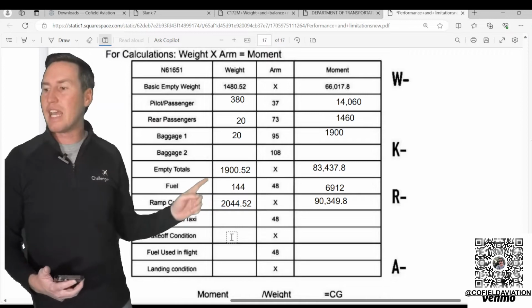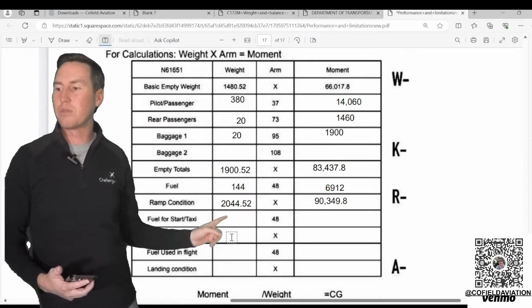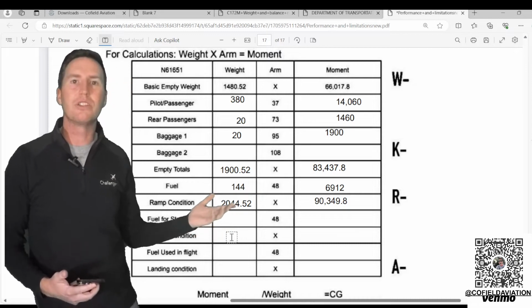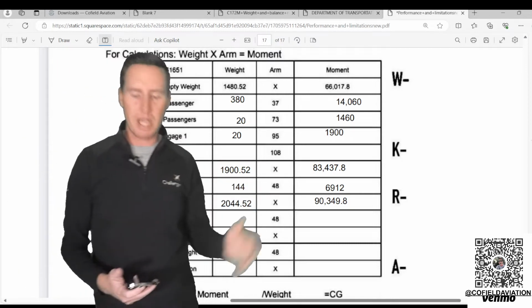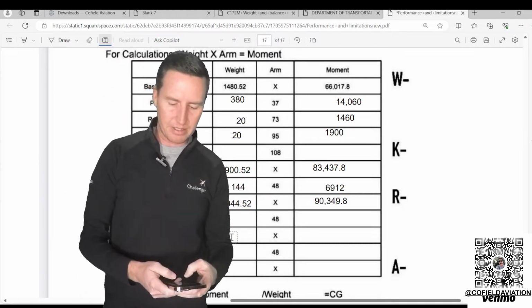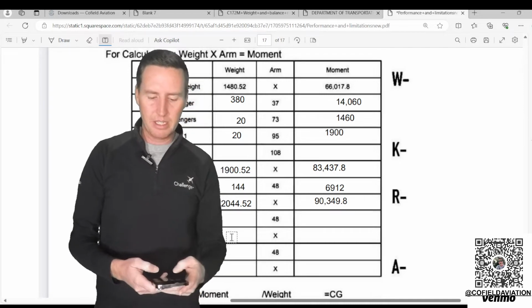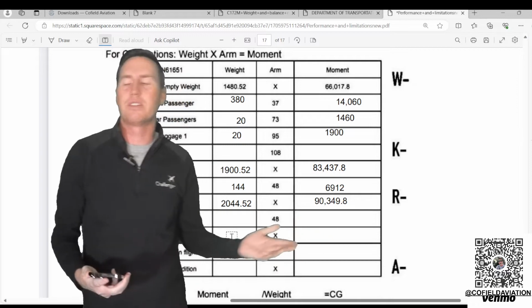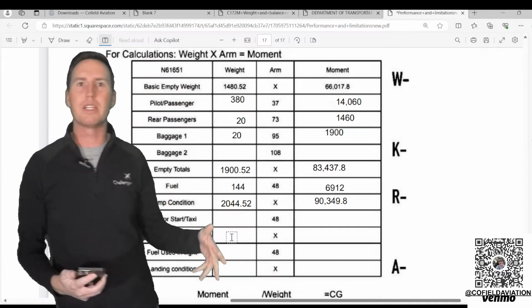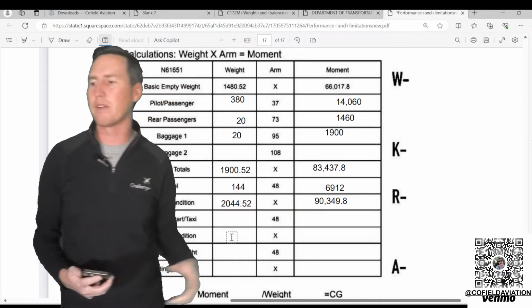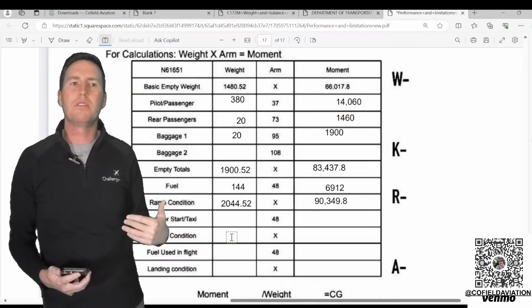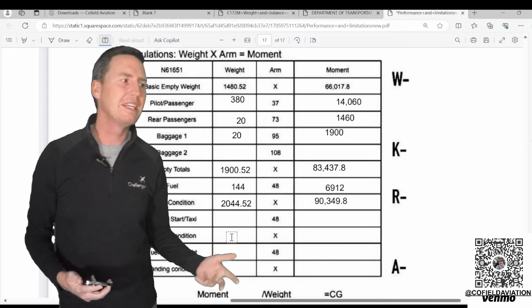So if this was overweight, but we didn't need 38 gallons, and we only needed 20, you could take 18 gallons away, and 18 gallons times 6 is another 108 pounds. So you could take that off of the airplane and use that for baggage or whatever. So use fuel if you need to, you don't have to have it topped off, right?